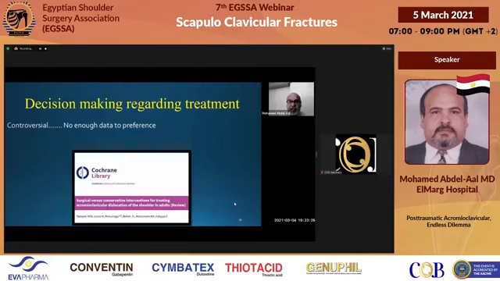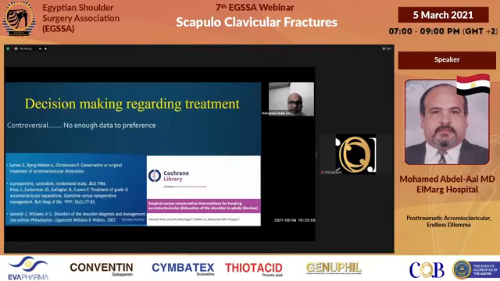As regards the decision-making of the treatment, a lot of controversy has also been discussed, either from the conservative point of view or the surgical point of view. There is not enough data which prefers one of these methods over the other.